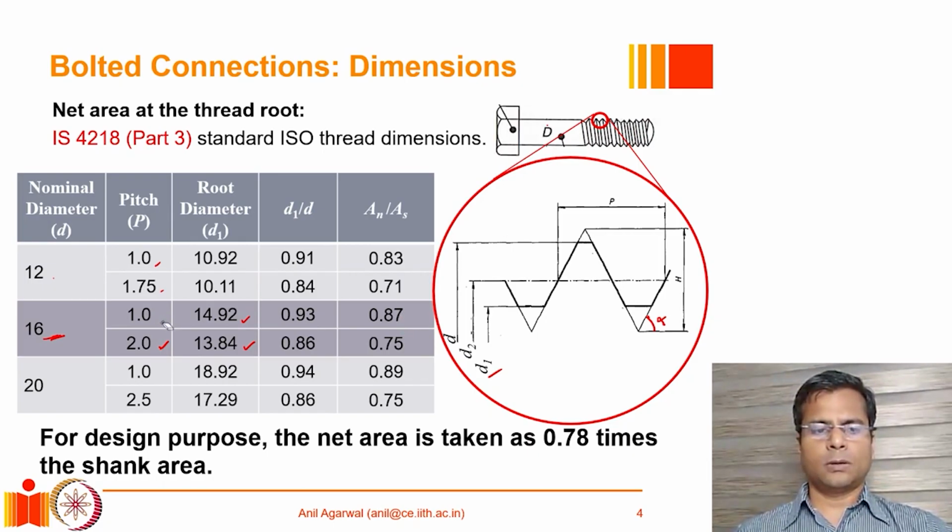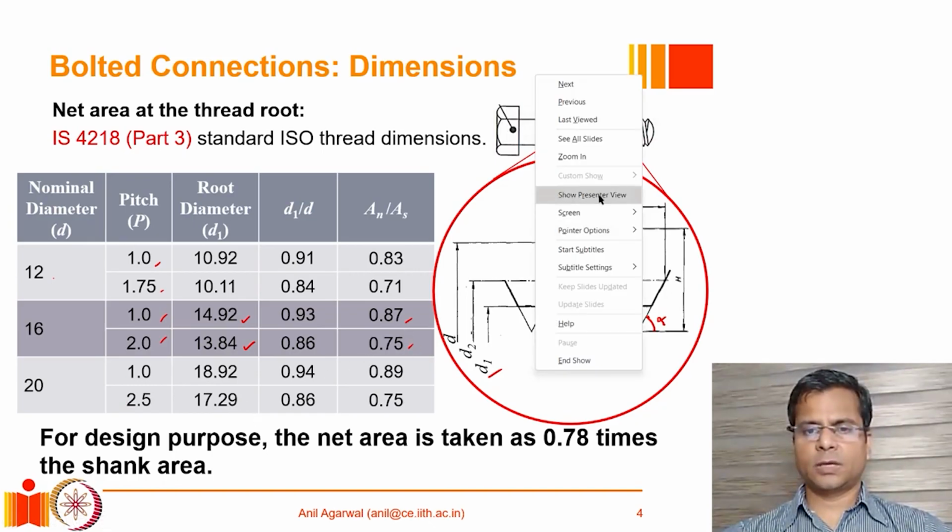Depending on the pitch size, the ratio between the net cross section and gross cross section varies between 0.75 and 0.87 in the case of an M16 bolt. These are the possible values which you can use.